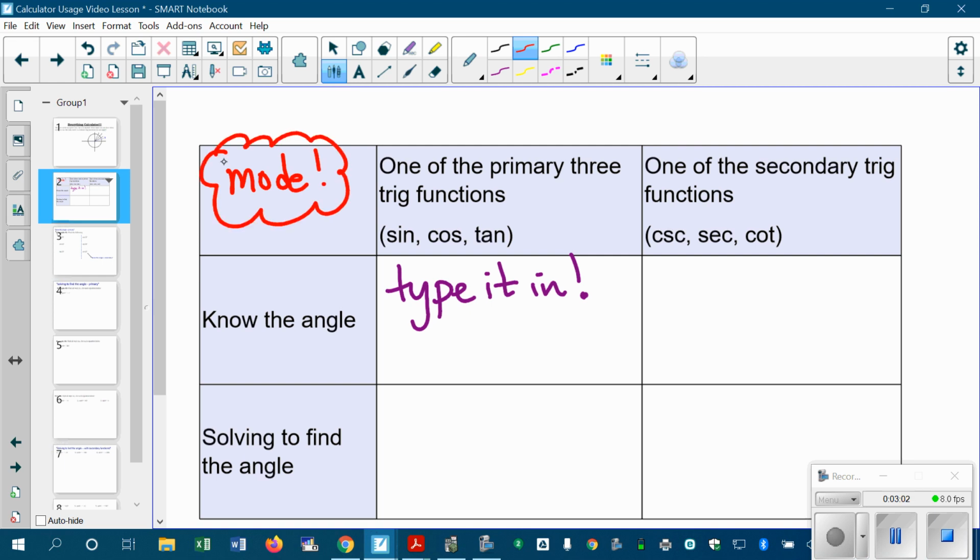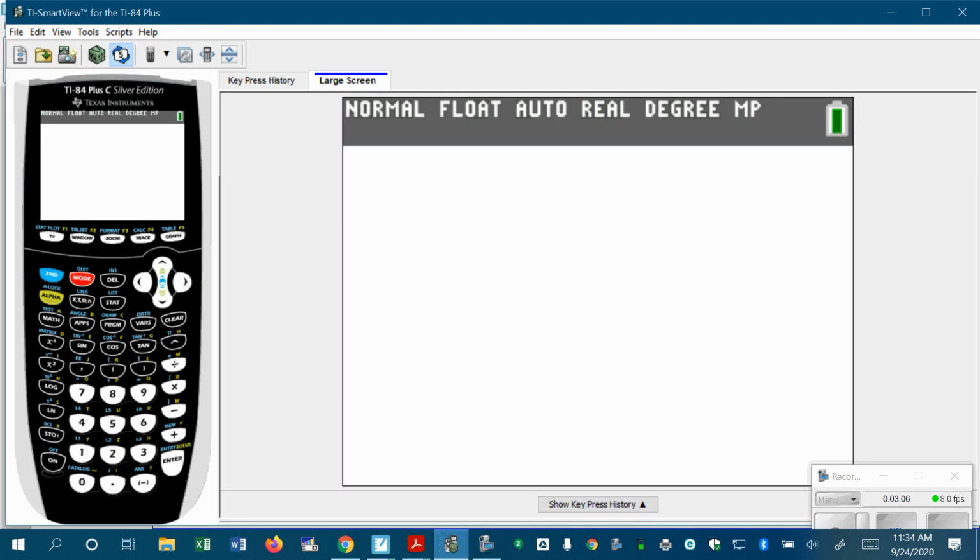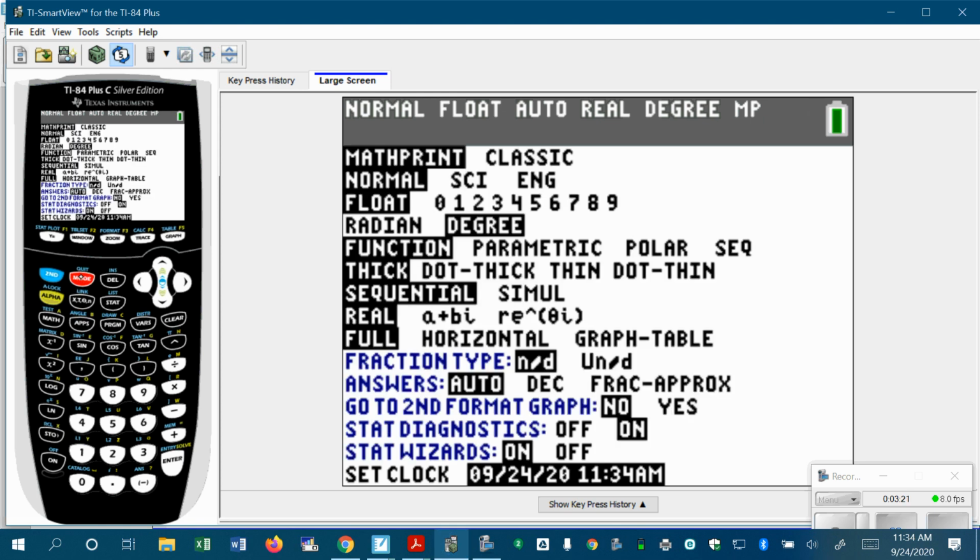We should always make sure our calculator is in the right mode, especially if our stinky sibling borrowed our calculator and put it back without telling us, and they are in physics or something, or in calculus. They might have messed up our calculator settings. So we always would like to double check the mode.